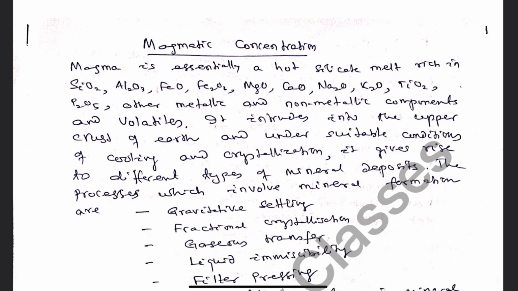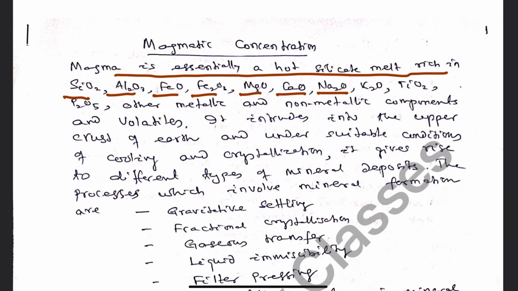So what is magma? Magma is essentially a hot silicate melt, which is rich in SiO2, Al2O3, FeO, Fe2O3, MgO, CaO, Na2O, K2O, TiO2, P2O5.